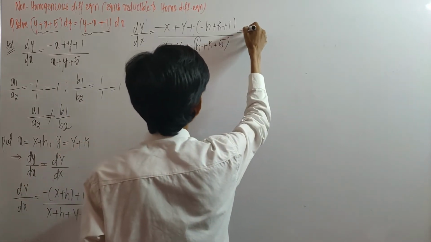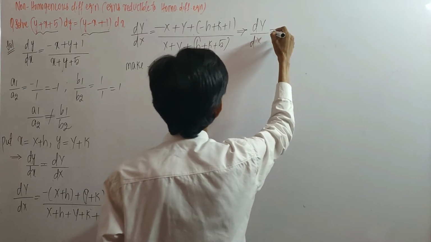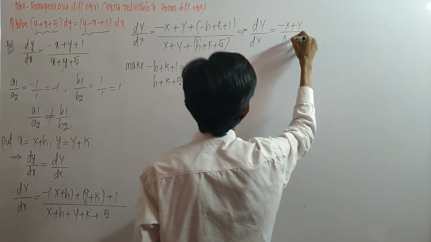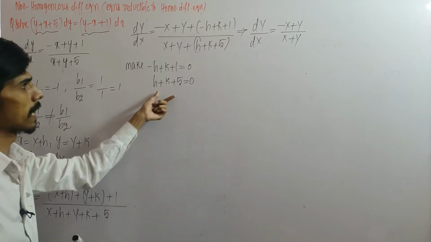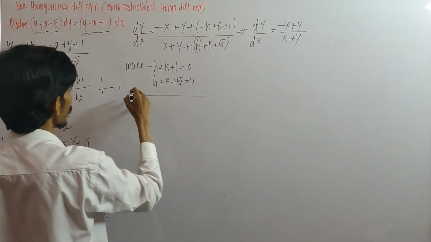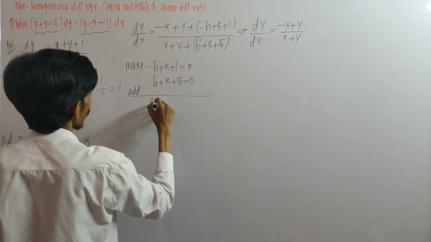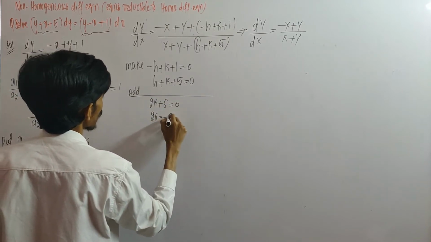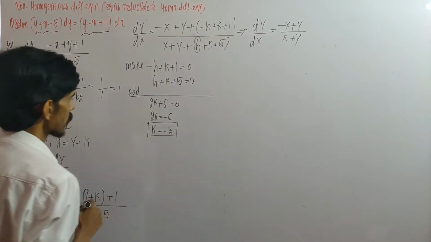So this will become dY/dX = (-X + Y)/(X + Y). This is 0 and this is 0, and we'll get the values of h and k. Solving these two equations by adding, we'll get 2k + 6 = 0. So 2k = -6, k = -3. We got k value -3.